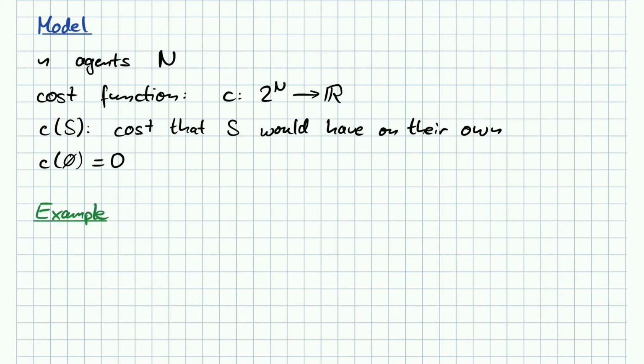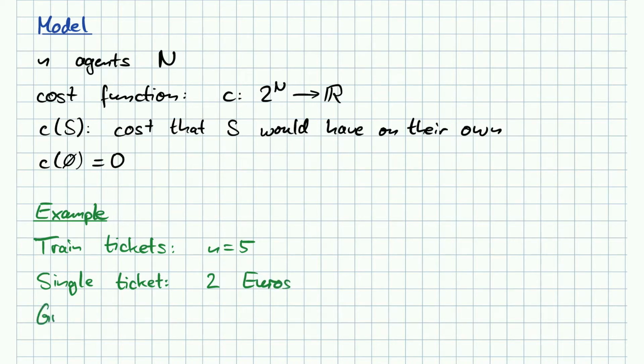So what might that be? We might have a train ticket and we might have 5 agents. Then a single ticket will be €2, and a group ticket will be €5.